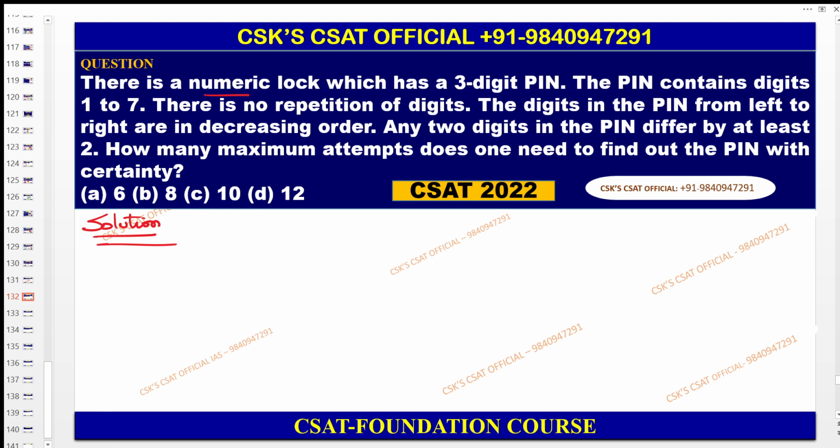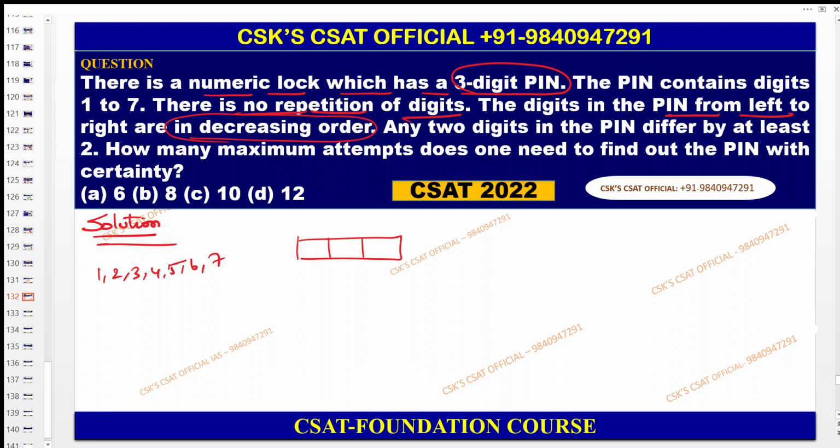Now there is a numerical lock which has a 3-digit pin, so 3-digit only. Now the pin contains a digit from 1 2 3 4 5 6 7. Okay, there is no repetition of the digit. The digits in the pin from left to right are in decreasing order.